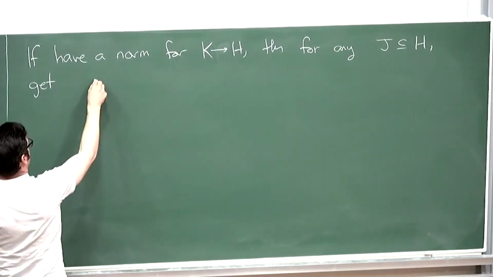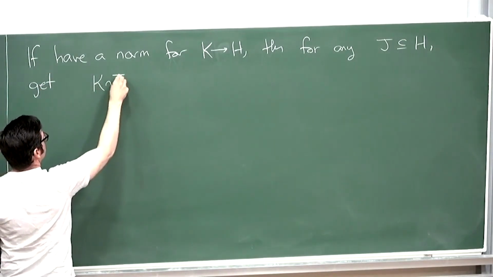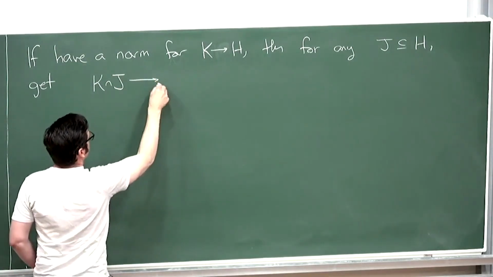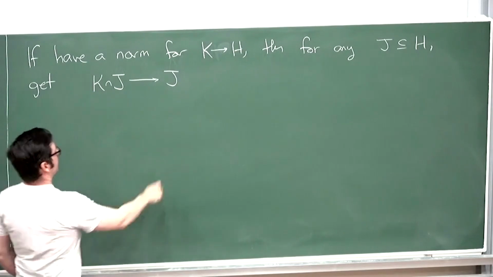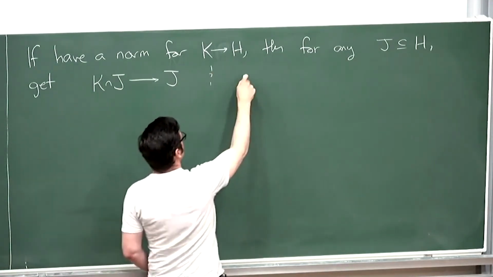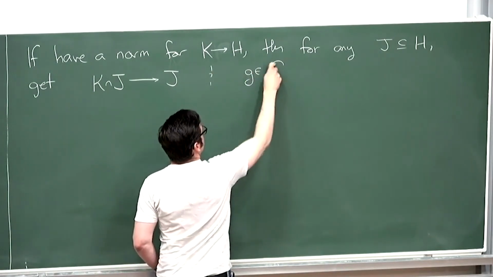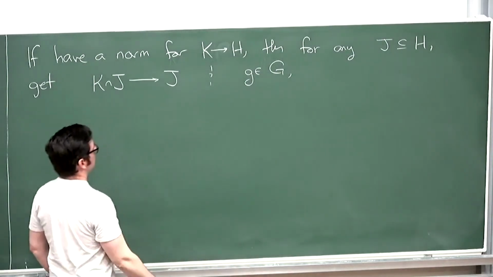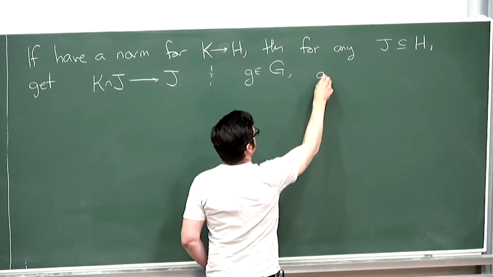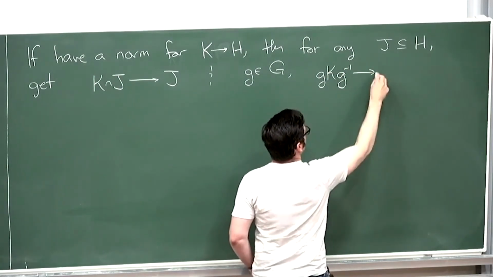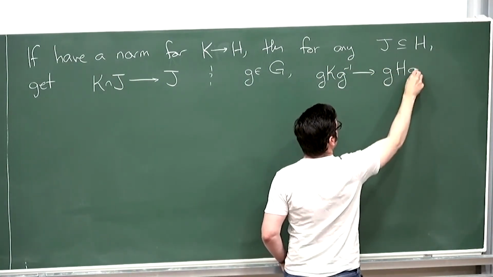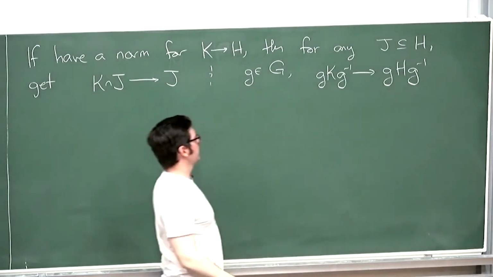We get one that looks like K intersect J has a norm up to J. And for any g in G, we also get that gKg inverse transfers up to gHg inverse.